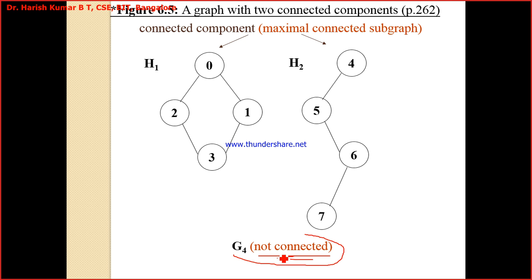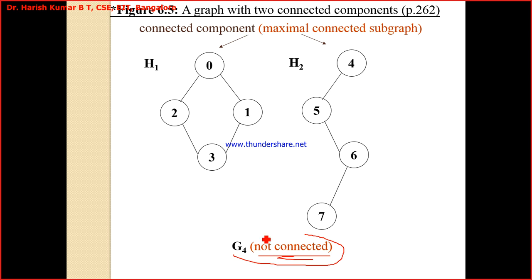When I take the distinct vertices 0 and 4, is there a path between 0 and 4? There is no path, because don't look into this, this is not a path. This is just an arrow which is written here. See, 0 and 4, there is no path existing. People understood? Yes, sir.